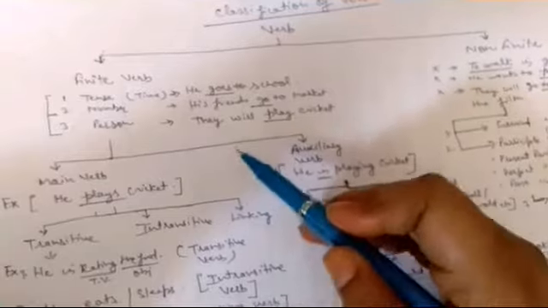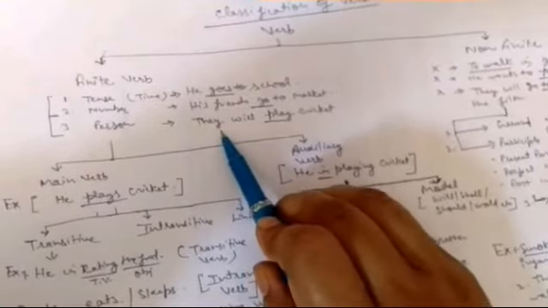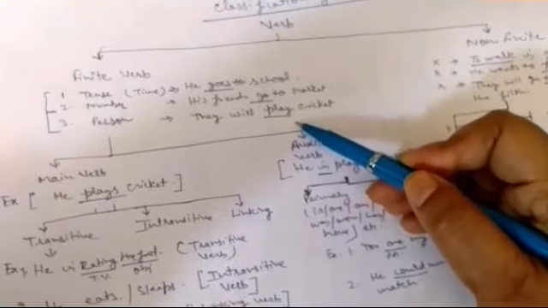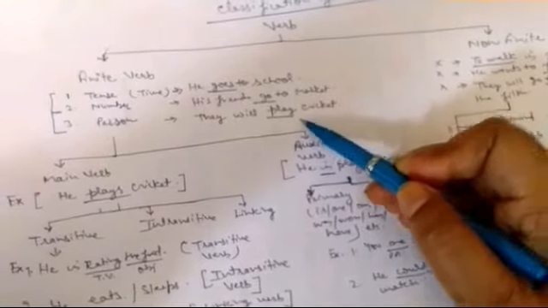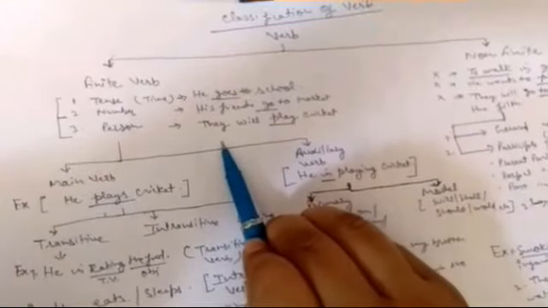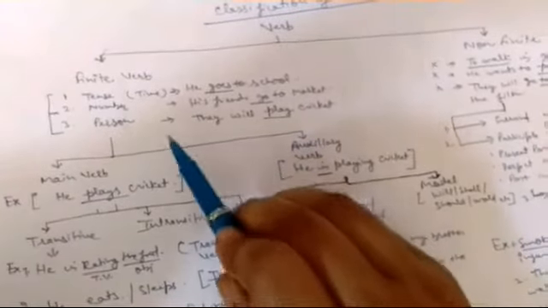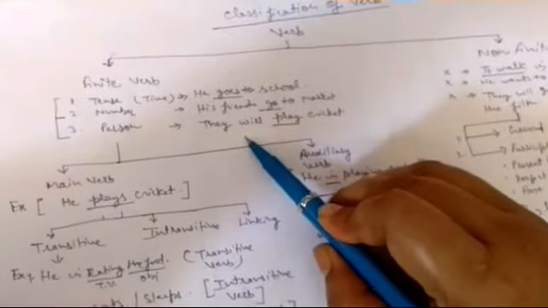Suppose they is the plural third person of pronoun, so we put plural verb. So finite verb also indicates the number of the person, the person of the pronoun.